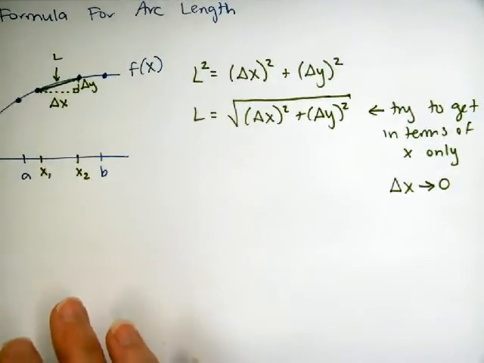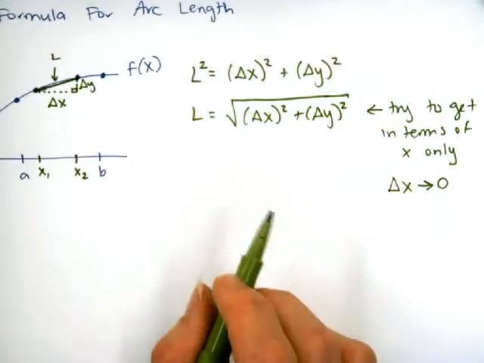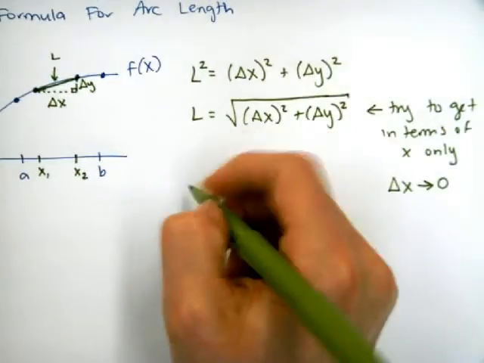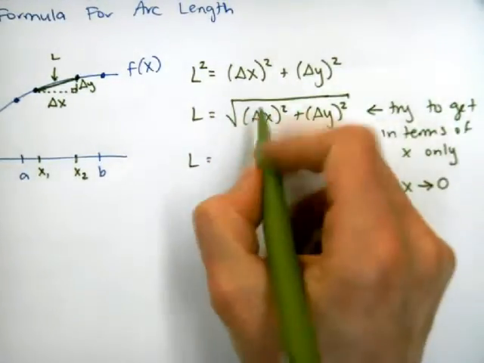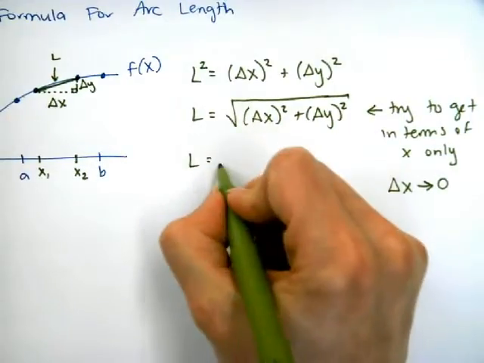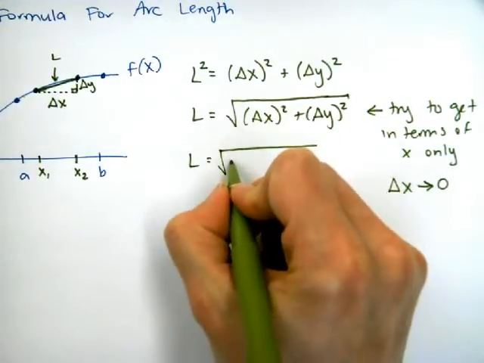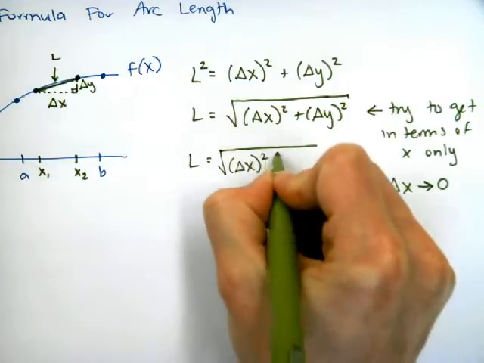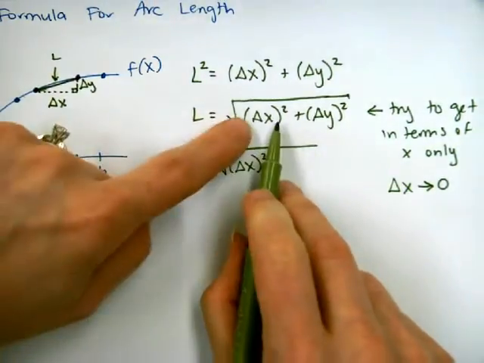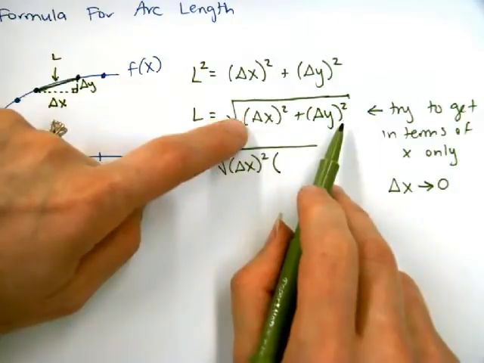Zoom out a little bit. Okay, but first I would like to try to manipulate this so it's not in terms of both y and x, so that it's just in terms of x instead. So one way that we can do that is if I factor out a delta x squared. I'm going to basically factor a delta x squared out of this sum.